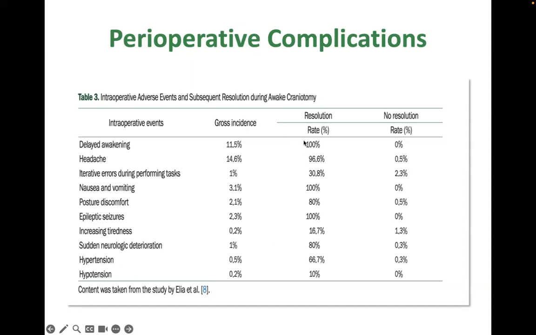But the good thing is that most of the serious complications recovered, around 100%. For headache, 96% of patients would recover, nausea and vomiting 100% recovered, and epileptic seizures during the intraoperative phase, 100% of these patients recovered. So that was to share with you the common incidences and the resolution of those kinds of problems.